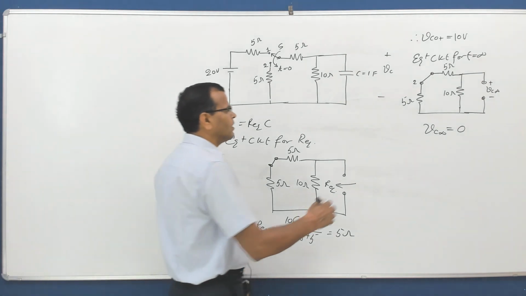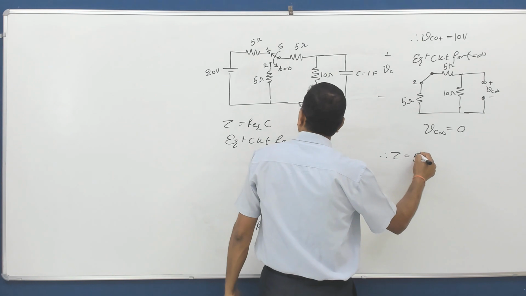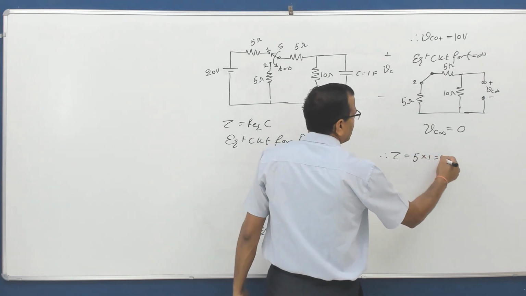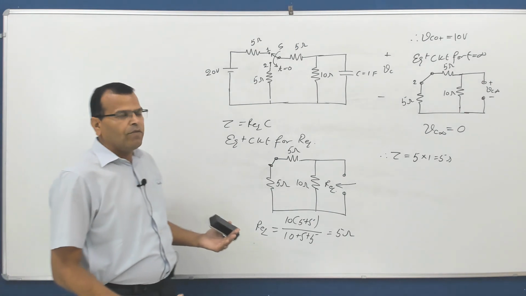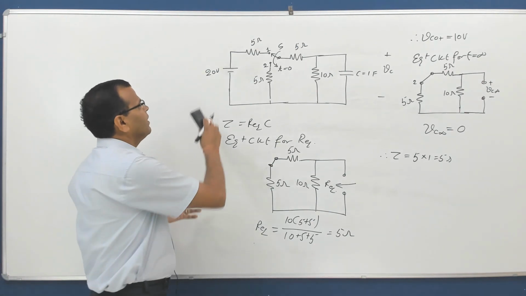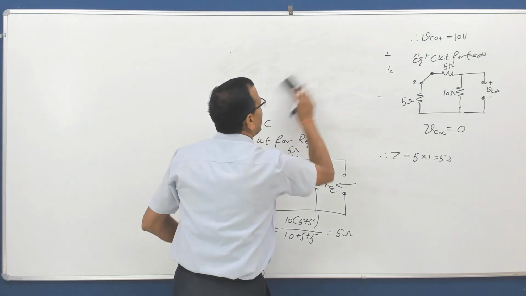So what is the time constant? Therefore the time constant of the circuit is nothing but 5 multiplied by 1 farad, that is 5 seconds. So our job is done. We can write the expression of voltage across the capacitor directly now.